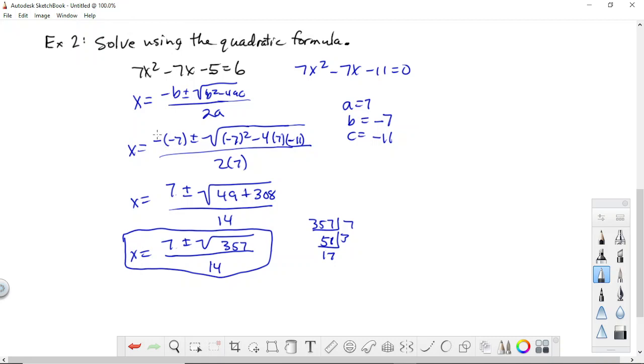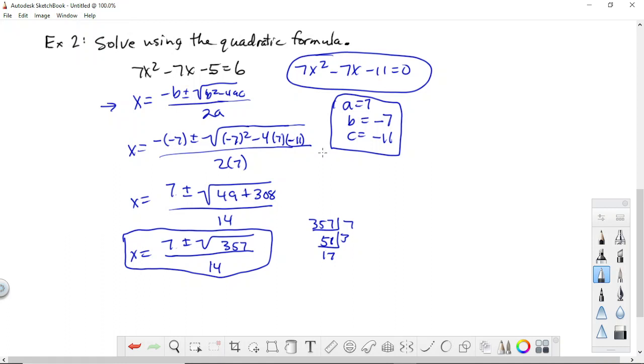We have the quadratic formula here, and we plug in for A, B, and C. We had to first put it in standard form, right? So we subtracted 6 from both sides, and we're left with 0 on the right. Negative 11 is our C term, so there we have our A, B, and C.